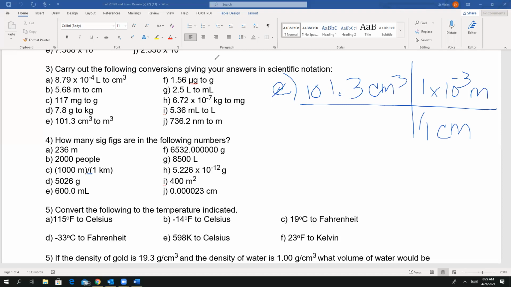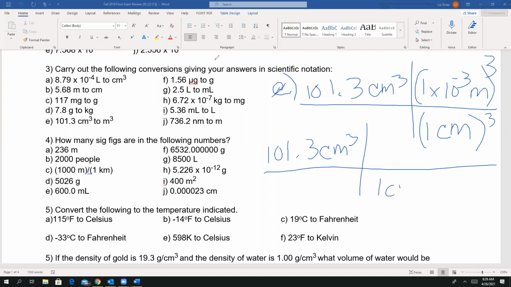But they want it cubed, so we have to cube it, right? So once we're cubed, we're going to get 101.3 cubic centimeters over 1 cubic centimeter. Remember, 3 times 3 is 9. So 1 times 10 to the negative 9 meters cubed.